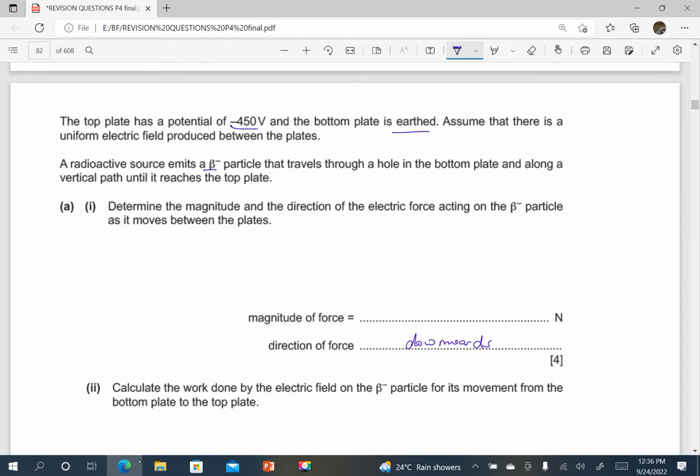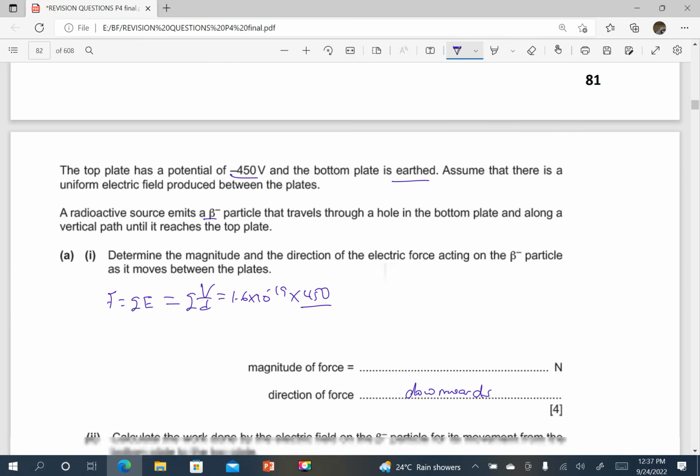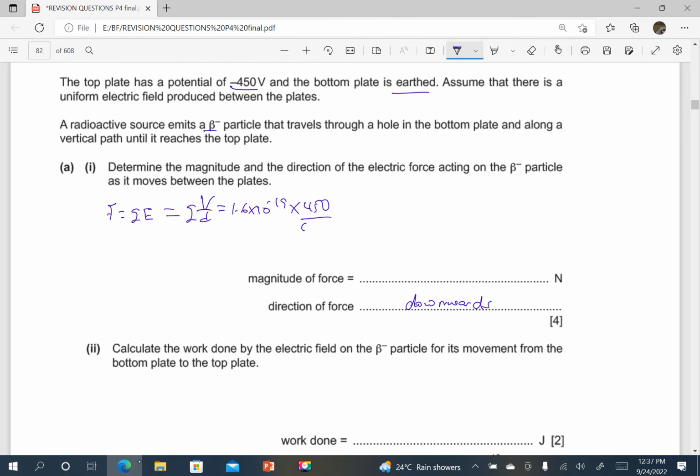Then the only challenge we have is the magnitude of the force. Force is equal to charge times electric field strength. So this will be charge times V over d. The charge is a beta particle, 1.6 times 10 power negative 19. Potential difference is 0 minus negative 450, so that is 450 volts. Divide by the separation of the plates, which was 6 millimeters, so this will be 6 times 10 power negative 3.